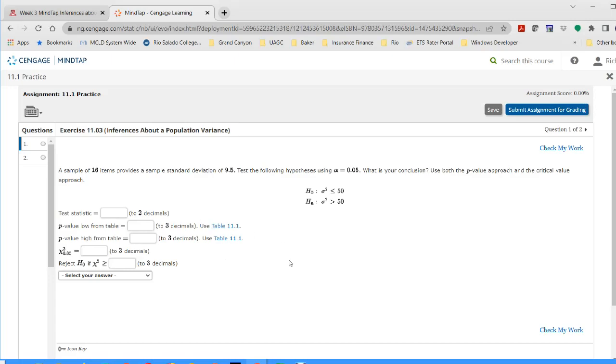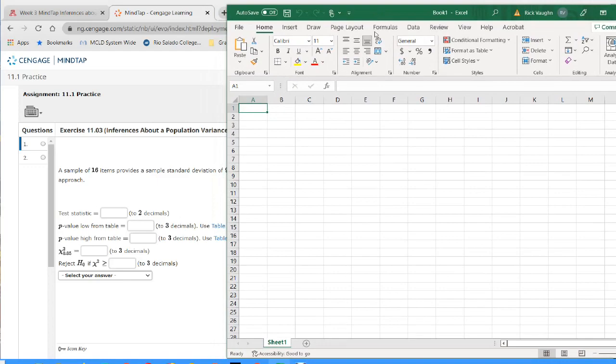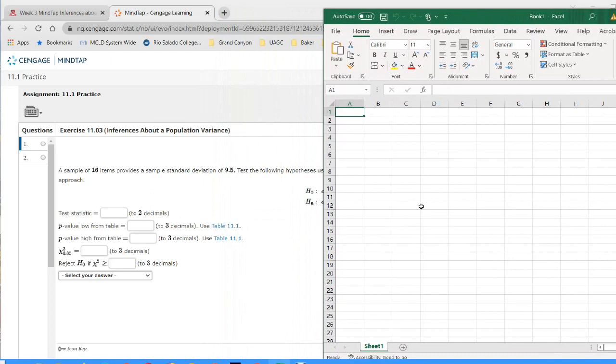Now, the first thing that I'm going to do is use Excel, even though I'm not using the tools in Excel. I'm basically using Excel as my calculator here. And so I'm going to start by putting in the inputs, the n, the sample size. For me, that's 16. And then I'm going to put in the variance.